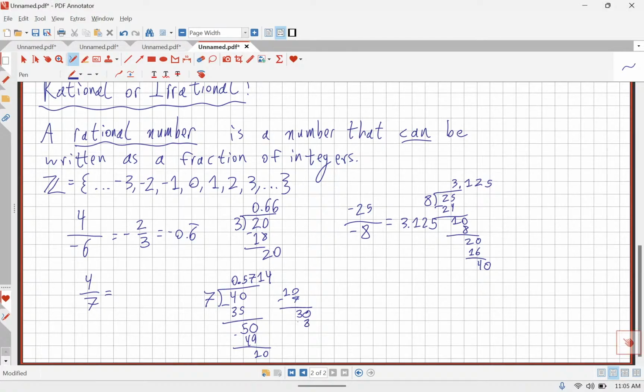That's 28. 2, 20, 2. 14, 6, 60. Is that 9? No, 8. Only 8.